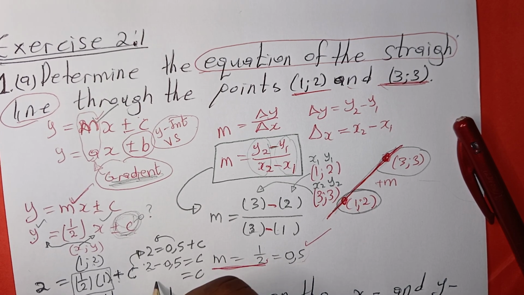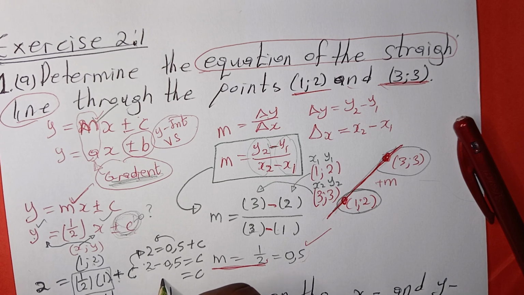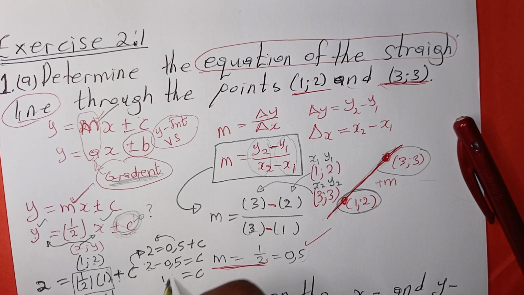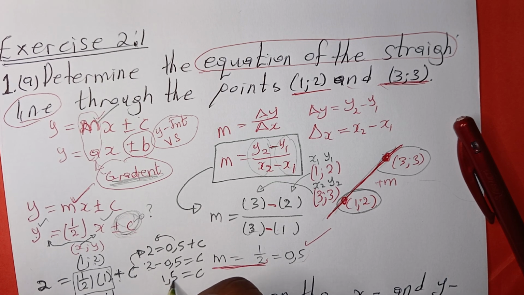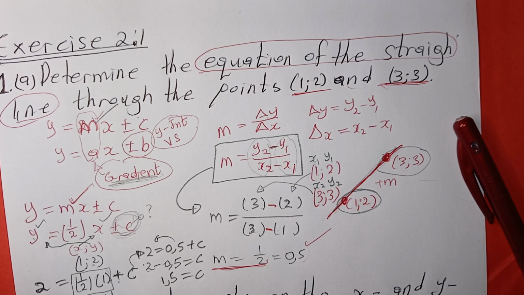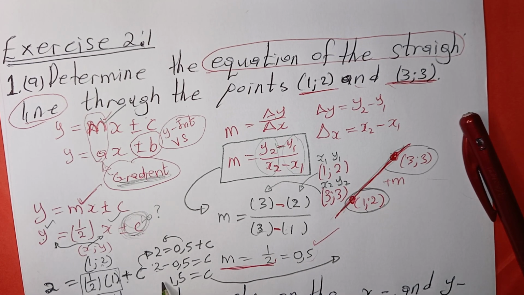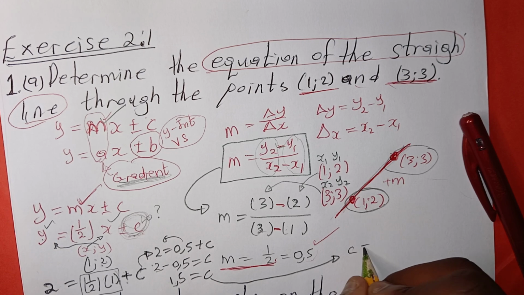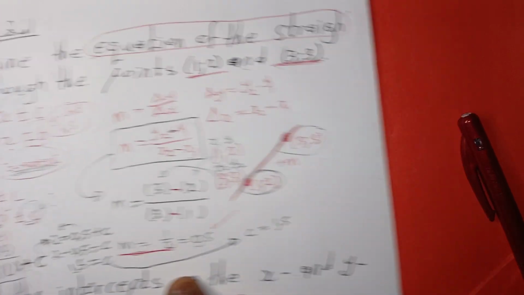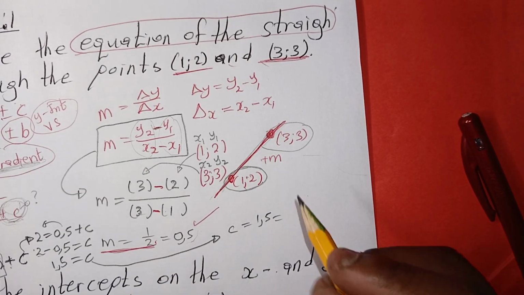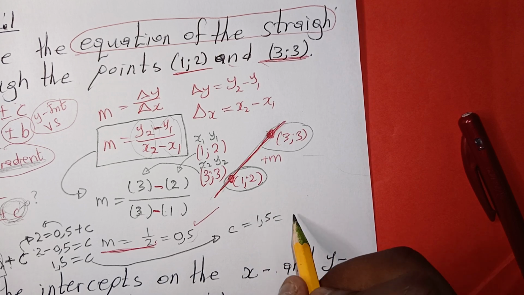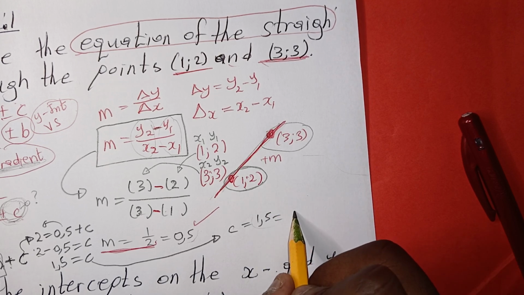Now when you punch it on your calculator, c is equal to 1.5. I don't have a calculator now, so you can just change it into a fraction.